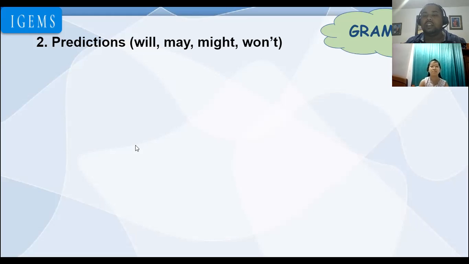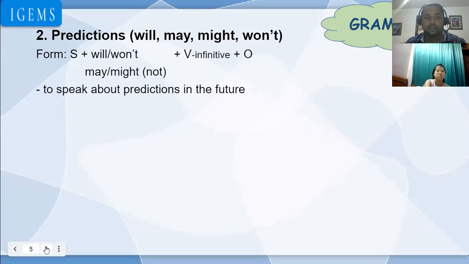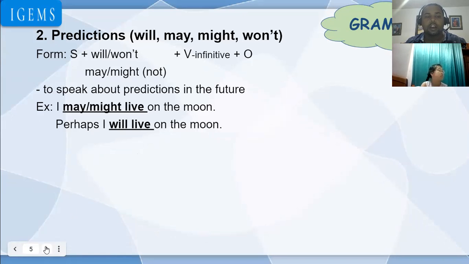Now let's see some examples, all right? Look at this. Now we are going to talk about may and might. When there's a possibility, something that is possible, but maybe yes, maybe no, we use may, which is in the present.